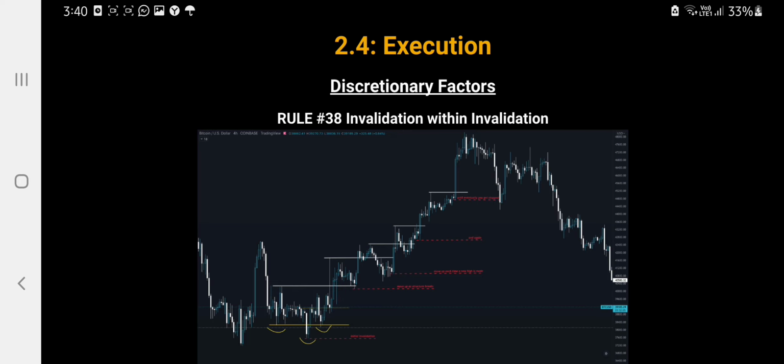Get used to not moving your stop loss for a while and observe what happens. Over time, you'll become a better trader, and you'll then get to introduce some discretion, such as your invalidation within invalidation, or double confirmations, scaling in, scaling out, the 1 minute rule, bias not prediction, all of that kind of stuff. Okay, so this is the execution module finished, 2.4.